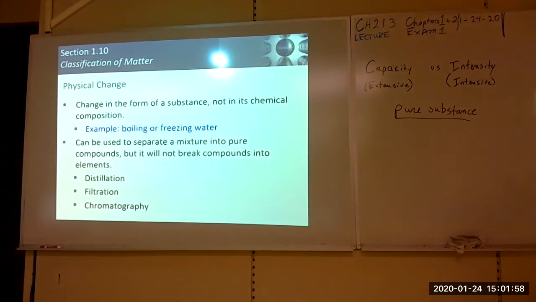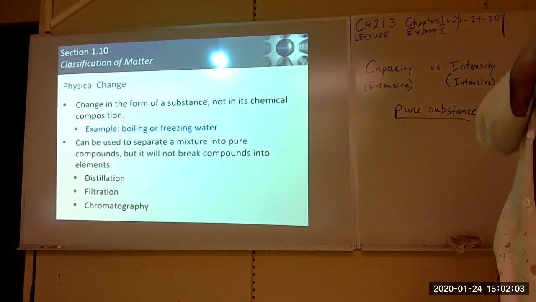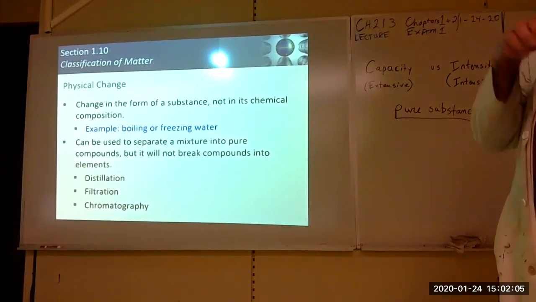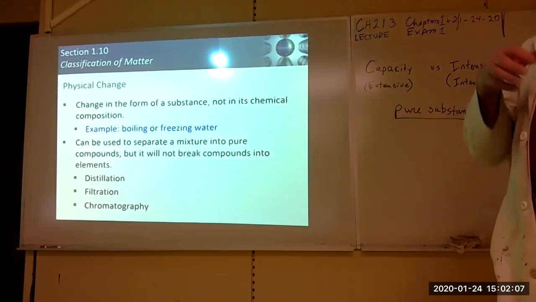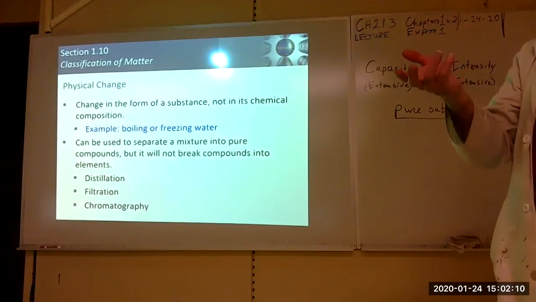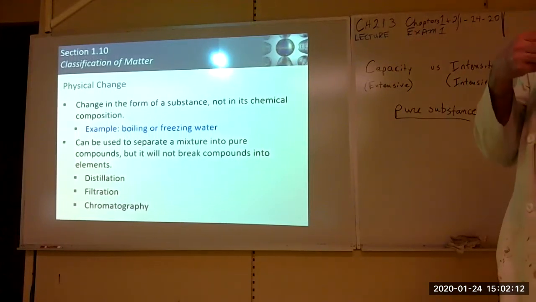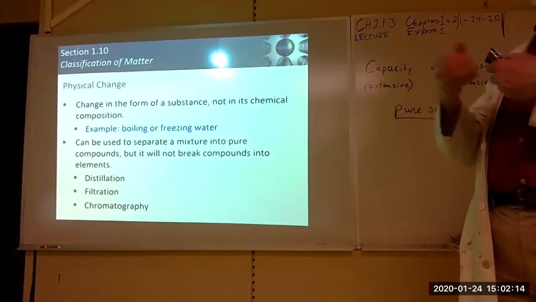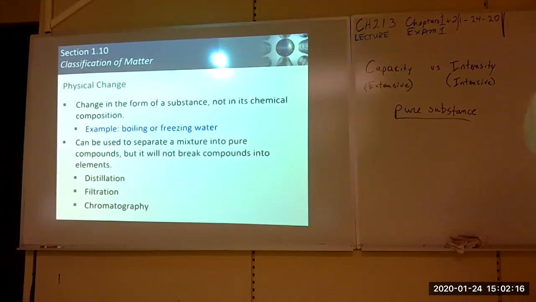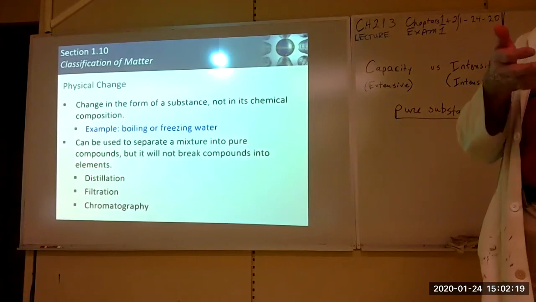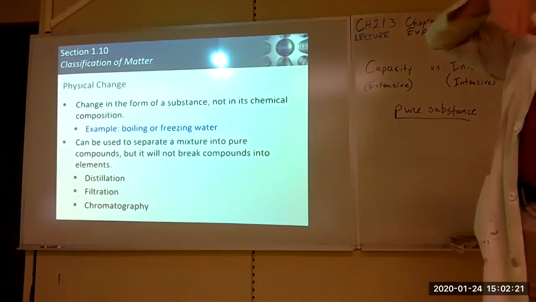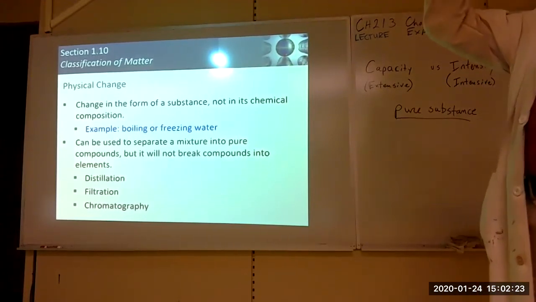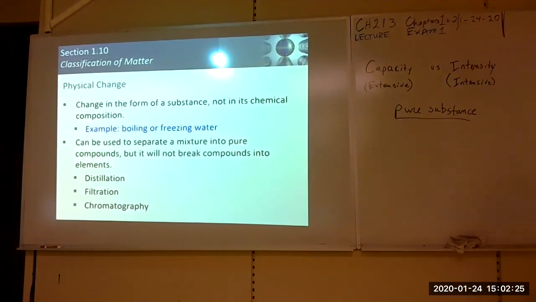And as it moves, the components of the dot that you place there move differently. Some associate more strongly with the paper, some less strongly. So the ones that associate less strongly with the paper tend to stay in the mobile phase, the liquid that's moving, and they move faster. So they'll be up here high. And then the ones that like paper better will be down here low. That's an example of chromatography.